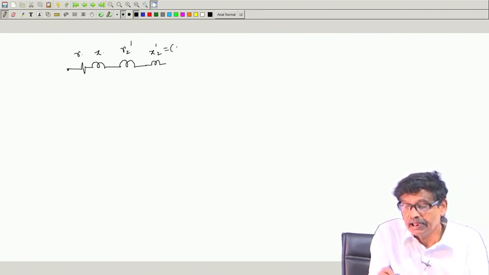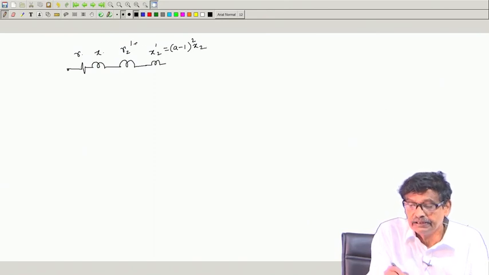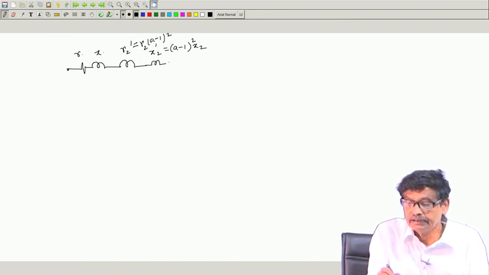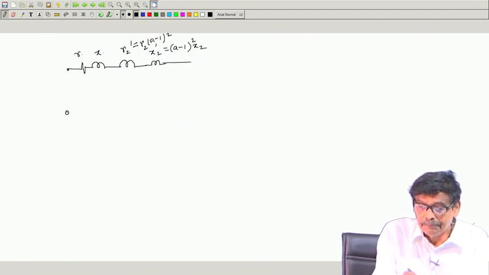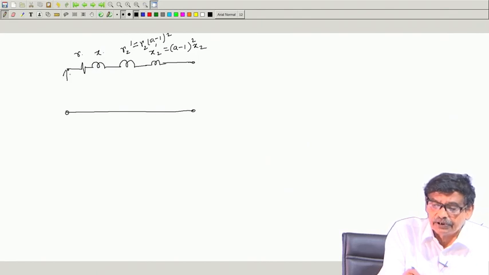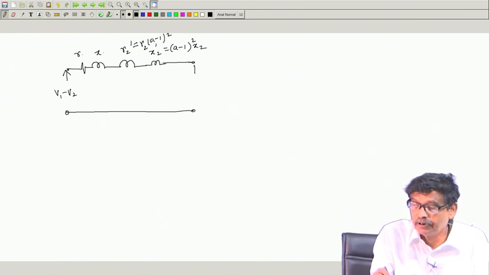It is equal to A minus 1 whole square into X2. And R2 dashed is the actual resistance R2 into A minus 1 whole square. The magnetizing branch we have neglected till now. That can be easily incorporated later. This voltage was V1 minus V2, and this voltage is A minus 1 times V2.